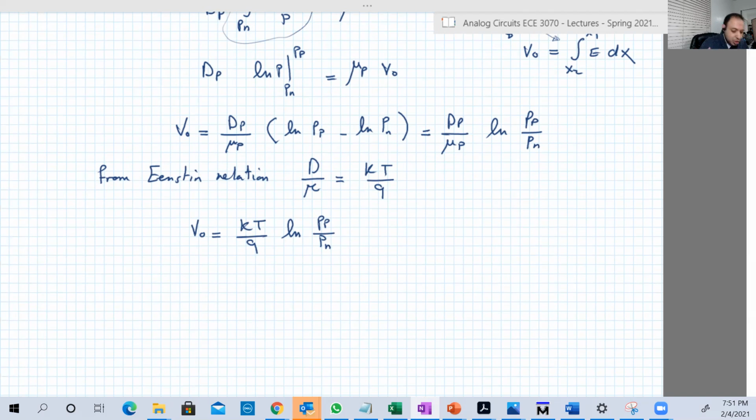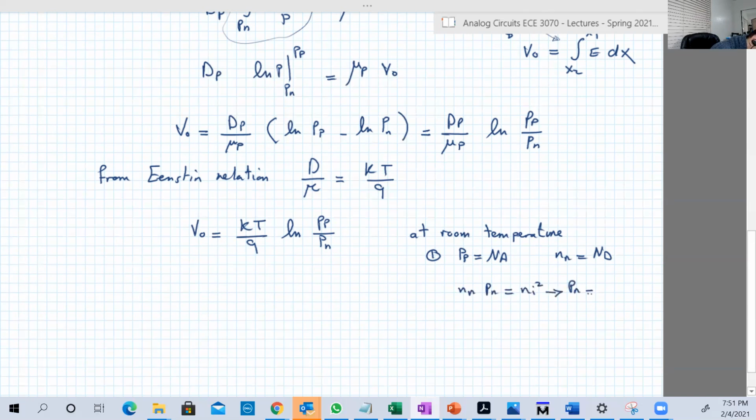We said also that usually at room temperature we have several facts here. Number one, Pp equals NA, and n equals ND, and n times p equals ni square.